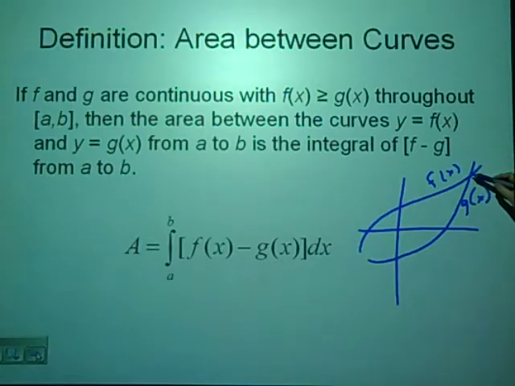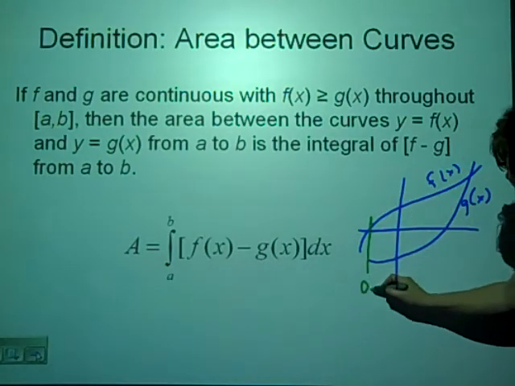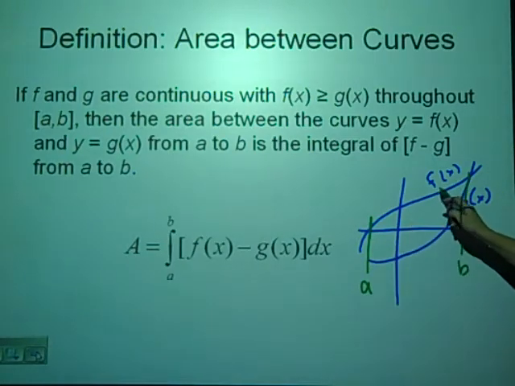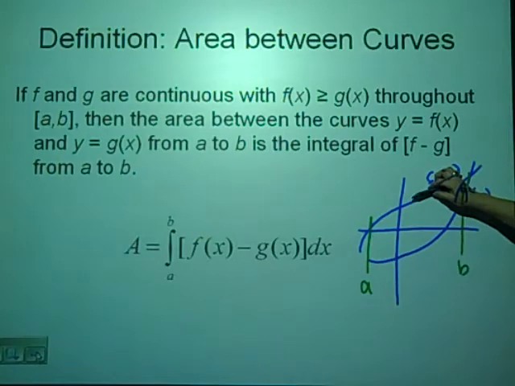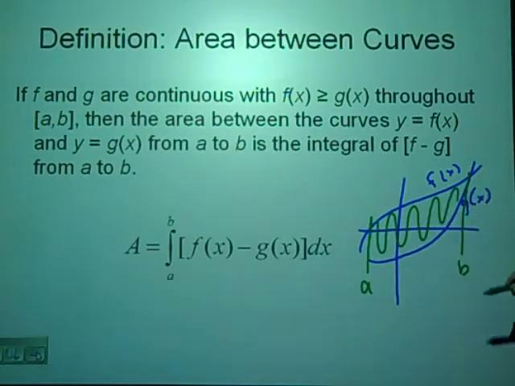And over this particular interval, let's say from a to b, you can see that the y values in f are above the y values in g. So to find this area, that's going to be our integral of f of x minus the integral of g of x.